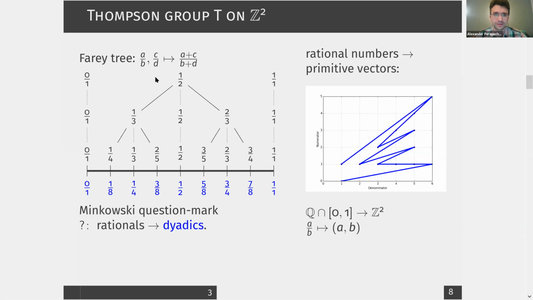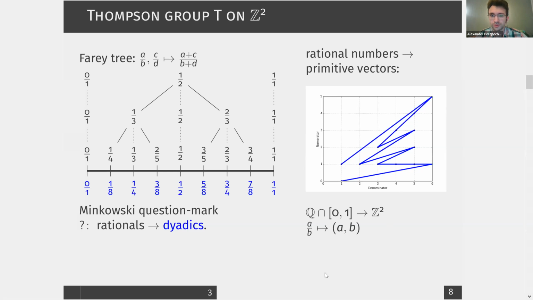If we send each rational number into a vector whose coordinates are the numerator and denominator, then we get exactly all primitive vectors, but not in the whole lattice Z2, only in the lower half of the first quadrant. So we get this cone, the lower half, and we obtain all primitive vectors there.